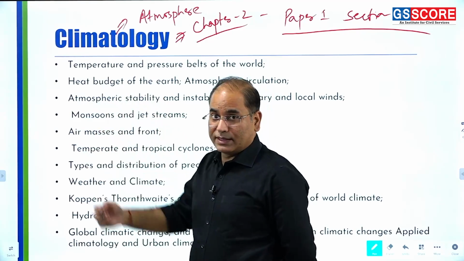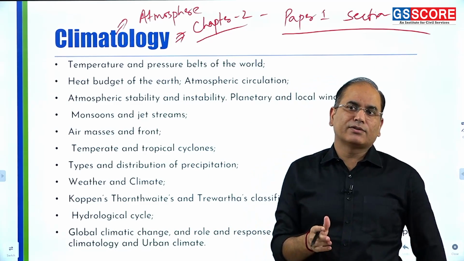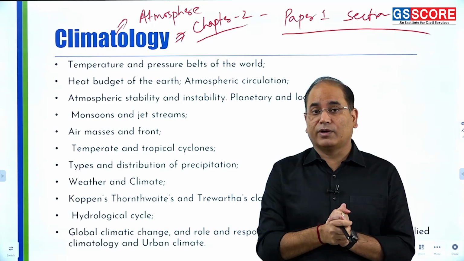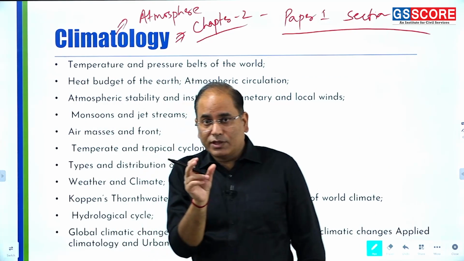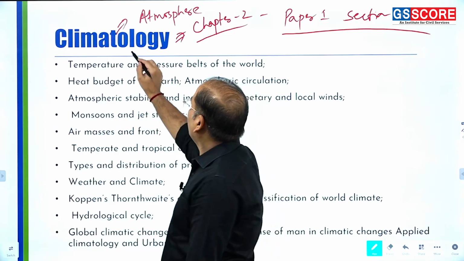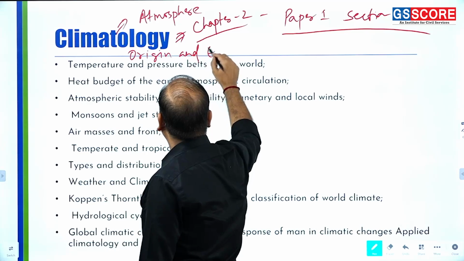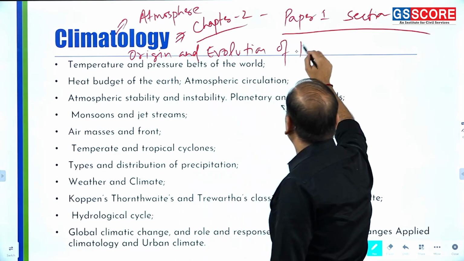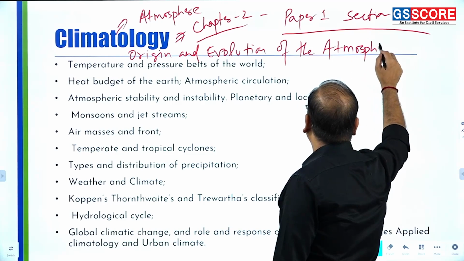Now what are the topics that you are supposed to study? One of the hidden topics that you are supposed to study, which is not mentioned in the syllabus, but that clarity is very important. So the very first topic you should study, which is not given in the syllabus, is origin and evolution of the atmosphere.